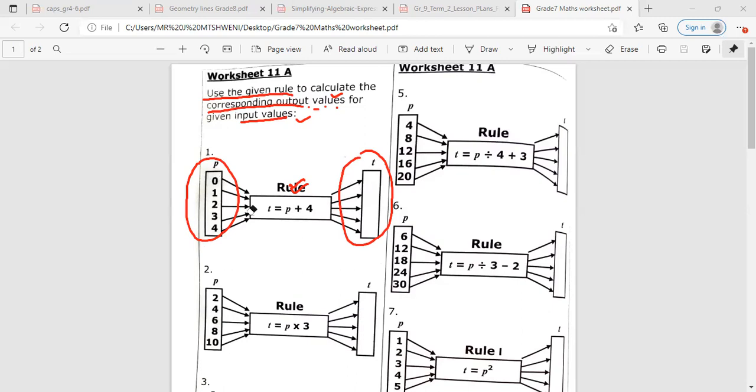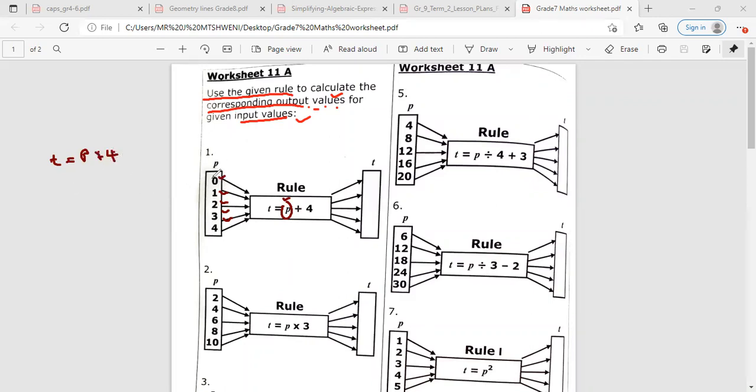Okay, let me just erase so that we can talk about one and the same thing. Now it says T equals P plus 4. In other words, where there's P, we're going to replace it with each of these values.